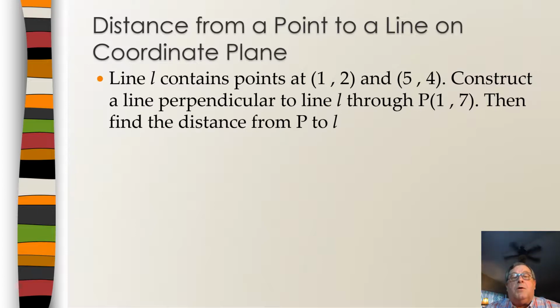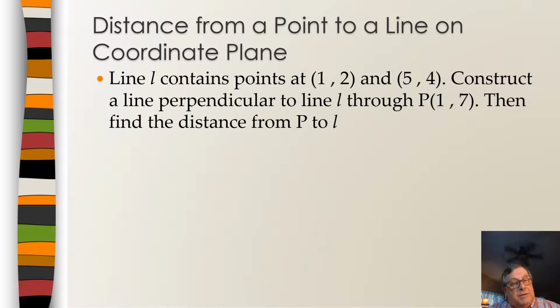Well, there's several things we're going to have to do. First off, we're going to have to find the slope of line L, because I need to know the slope in order to begin to write an equation for the line perpendicular to line L. Remember, the slopes will be the negative reciprocals of each other. Then I'm going to have to solve a system of equations to find the point of intersection between the two lines.